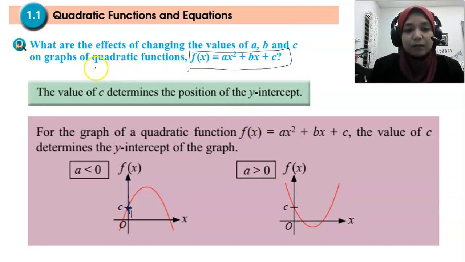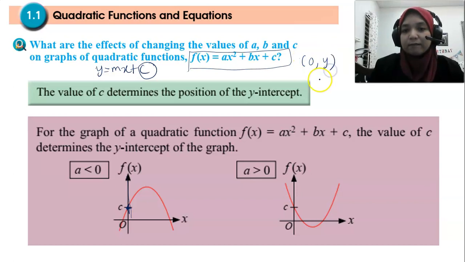So, example kalau awak buat straight line kan? Linear equation. Y equal to mx plus c. So, C is the y-intercept. Y-intercept means x equal to 0. So, coordinate untuk y-intercept is 0, y. So, C berapa?